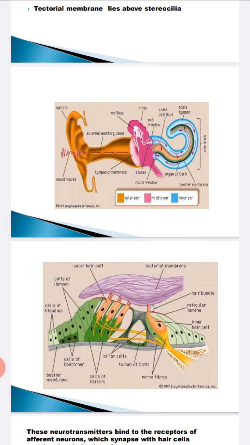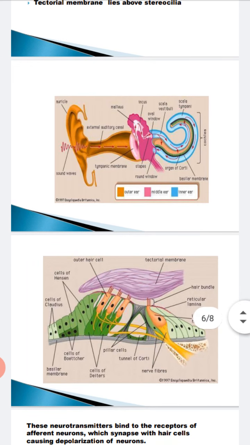So what happens is that this pressure is passed to the afferent neurons which are situated below these hair cells, and due to which ion channels will open. Due to the beating of the stereocilia, the ion channels will open and the neurotransmitter will be released.